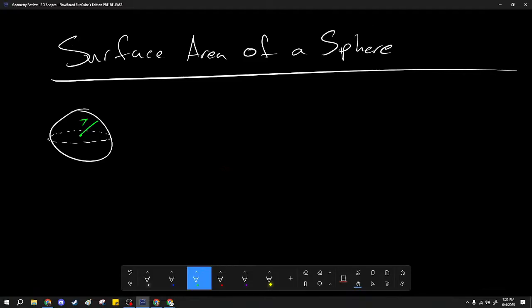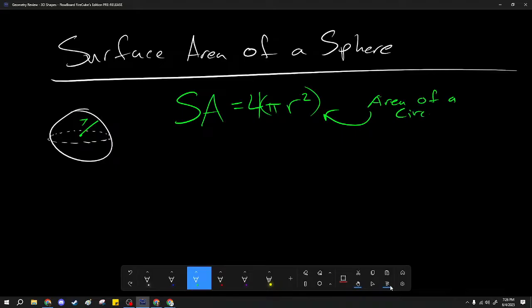Surface area of a sphere is the easiest one out of everything we do. SA for surface area is 4 pi r squared. In other words, pi r squared is just the area of a circle. So it's 4 times the area of a circle. That's all surface area of a sphere is.